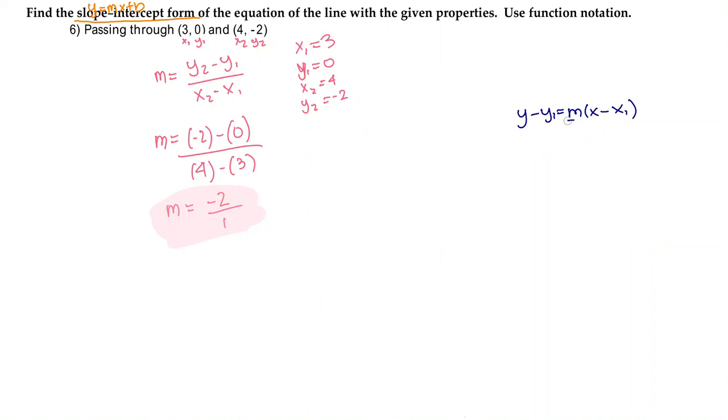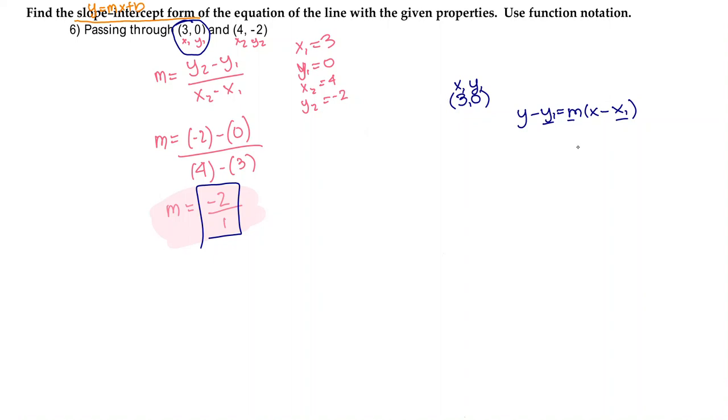We already have our slope right here, -2 over 1. Now we need to figure out what our y1 and our x1 are. Well, that's going to come from one of these coordinates, and it doesn't matter which one you choose. I'm going to choose the first one, just because it looks easier to work with because they're both positive values. So I'm going to label here that I'm using (3, 0), and this is going to be my x1 and this is going to be my y1.